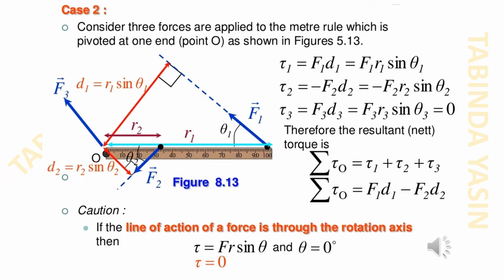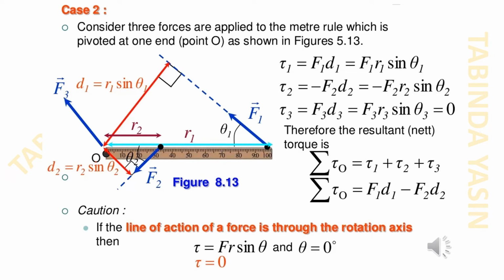So we have tau 1 is equal to F1 d1, that is F1 r1 sin theta 1. Tau 2 is equal to minus F2 d2, negative because it is in the downward direction, so that is minus F2 r2 sin theta 2. Tau 3 is equal to F3 d3, which is F3 r3 sin theta 3, that is equal to 0.